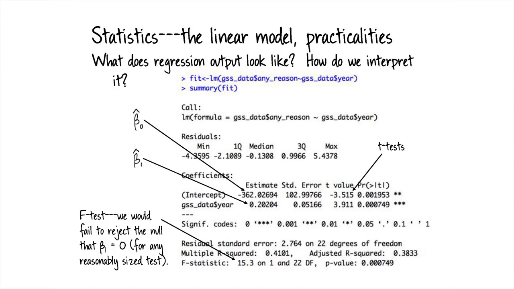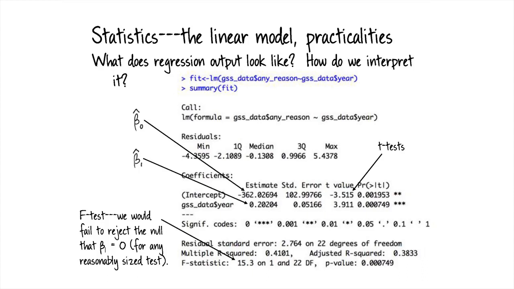Okay? Let me just go back for a second and note that the r squared of this regression is 0.41.